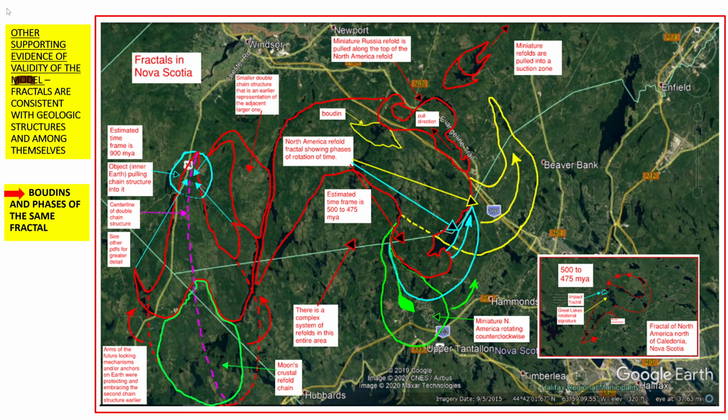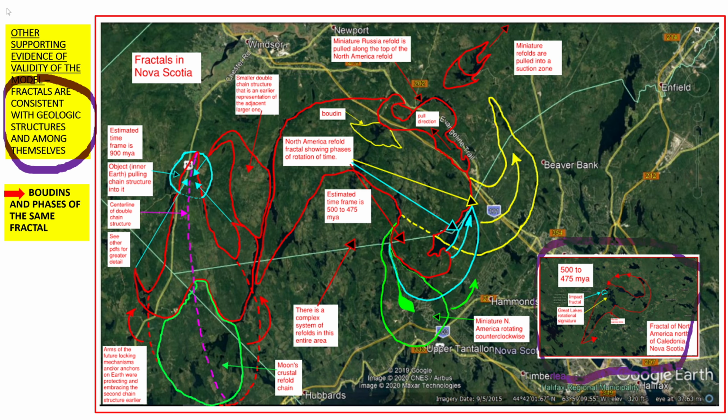We're talking about how fractals are consistent with geologic structures and among themselves. Interesting stuff is going on in this slide. The main featured fractal is in the middle of the Google Earth image, and it's representing what's going on in this insert to the right that I'm circling.